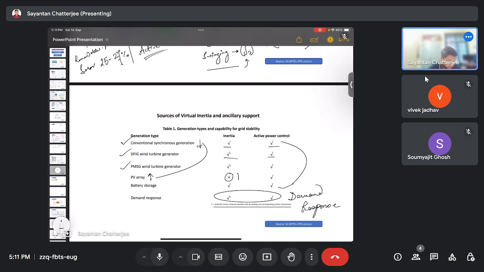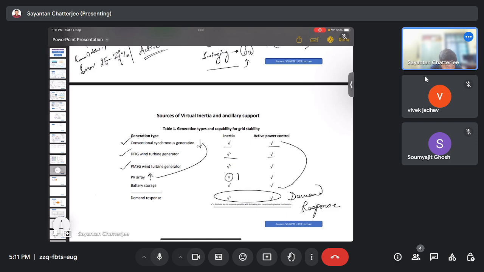Wind is also there. Battery storage, there has to be a second research topic which needs to be incorporated with the battery, that is regarding the second life of the battery. So these things are more complex, but not complex, I would say. That would involve cost as well.